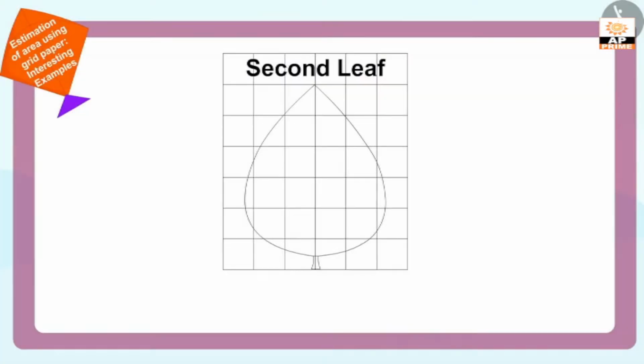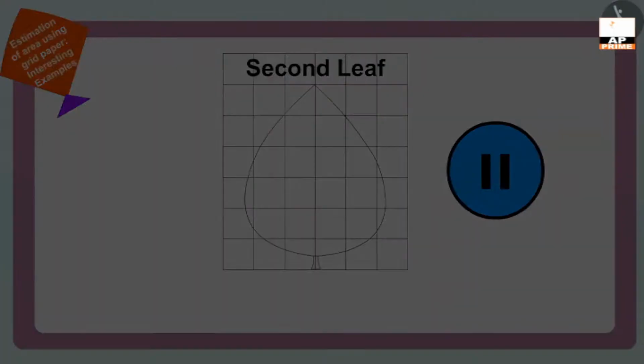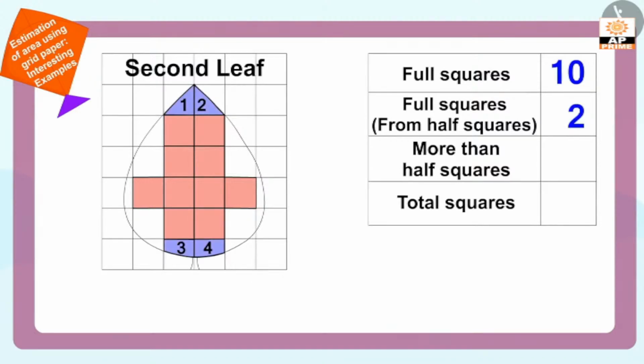Children, can you help Bablu in finding the answer? If you wish to, you may stop the video and find the answer. The area of the second leaf has 10 full squares, 4 half or 2 full squares, and 4 more than half squares.